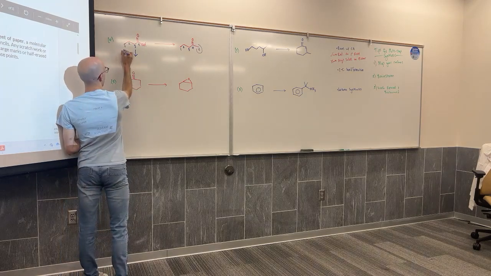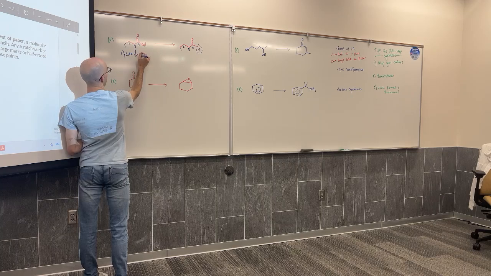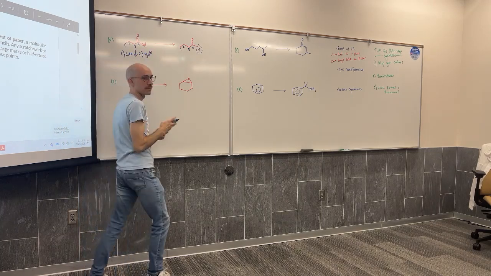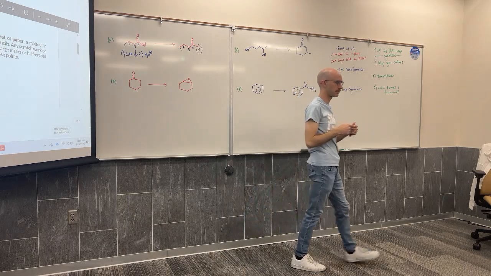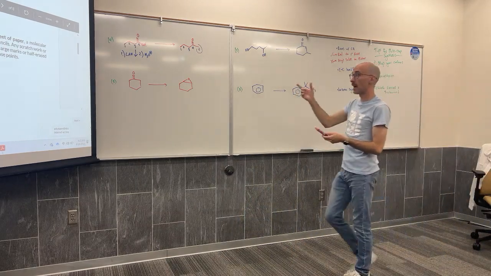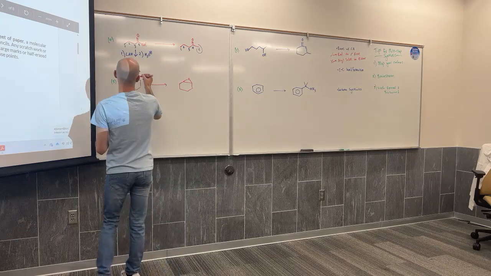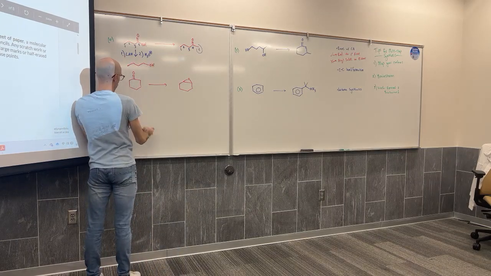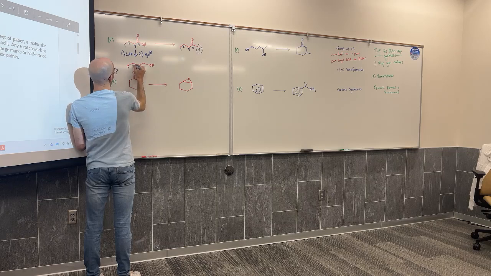First, LAH. Second, H3O+, that acid workup. All right, mapping my carbons, I'm not gaining or losing any, and the alcohol that forms is on carbon 4.